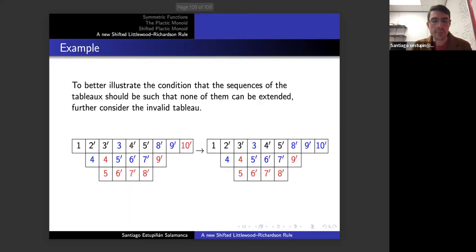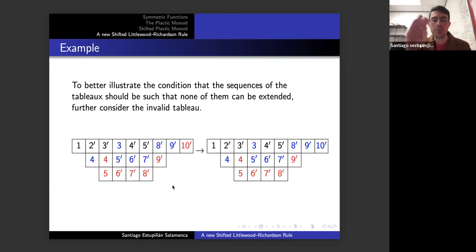Maybe an example that is more clear for this construction. If you look at the tableau on the left, as you see the black sequence, it has a vertical and a horizontal strip, and the horizontal strip is right of the vertical strip.